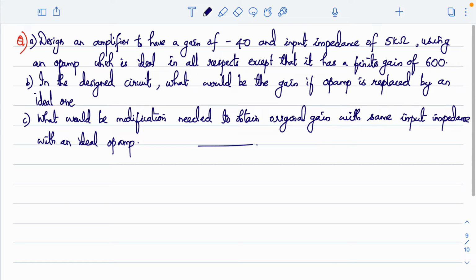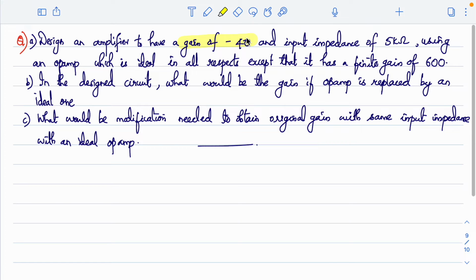I hope the question is clear. Basically, there are three parts to the question. The first part is to design an amplifier having a gain of minus 40. So, can you tell me what gain this is? When it is asked to design a circuit for a gain of minus 40, what gain is this? It is inverting gain. What I am asking is whether it is open loop gain or closed loop gain.